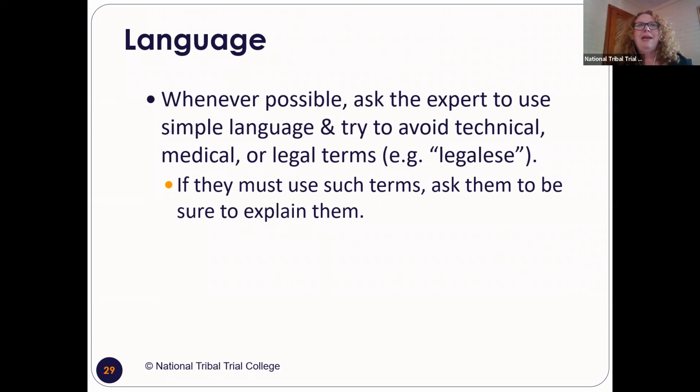I always tell my expert, try to speak like a normal human being and don't speak like you've got a yardstick up your buttocks. Don't be like, I'm all that in a bag of chips and I'm smarter than you. Your job as an expert witness is to elucidate and inform and explain.